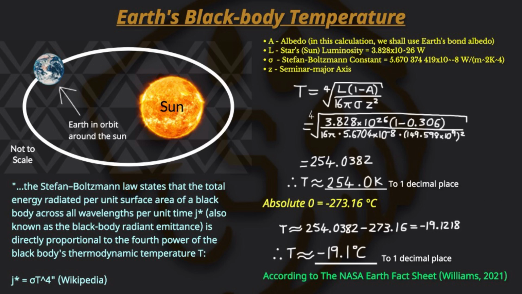Okay, so now we move on to the denominator, where we have 16 pi multiplied by sigma, the small letter sigma. It's a Greek letter. The capital letter sigma, I think you know it, is the one used to show sums and summations. So the sigma is basically the Stefan-Boltzmann constant.